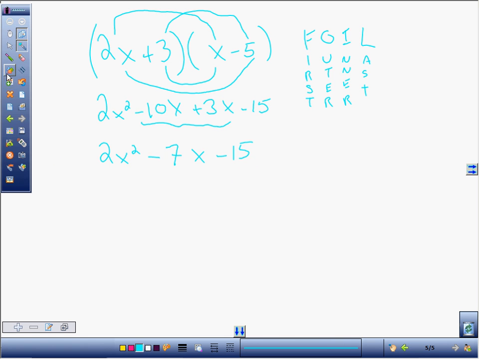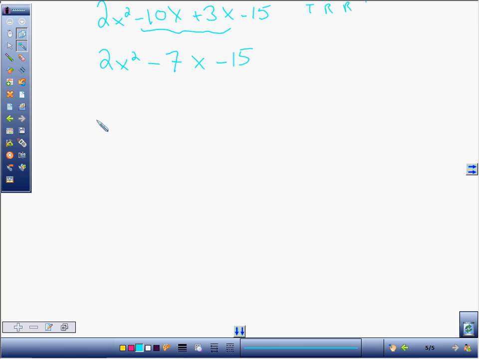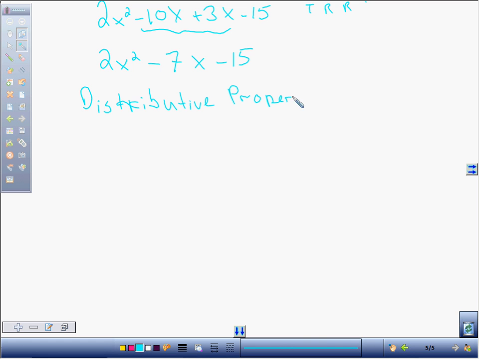One more method that you could use to do exactly the same thing is called the distributive property, which we've done already. Let's do it using the distributive property. It's just another way to do the same exact thing. What was my original? 2x plus 3 times x minus 5.